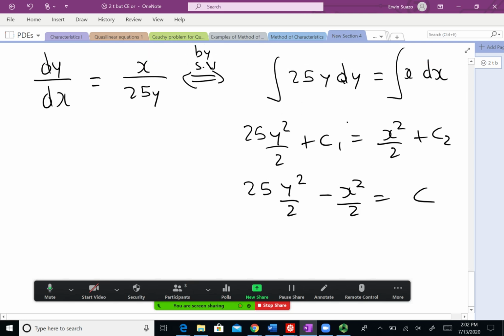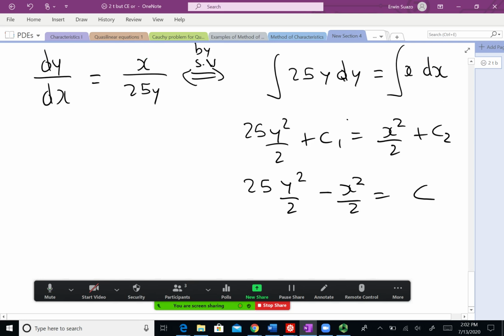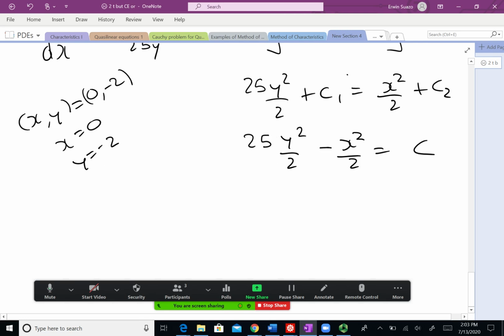So the problem is telling me my graph, my hyperbola that I'm looking for, should go through the point (x, y) = (0, -2). That means x equals 0, y equals negative 2. So then I plug in x is 0, so minus 0 squared divided by 2.